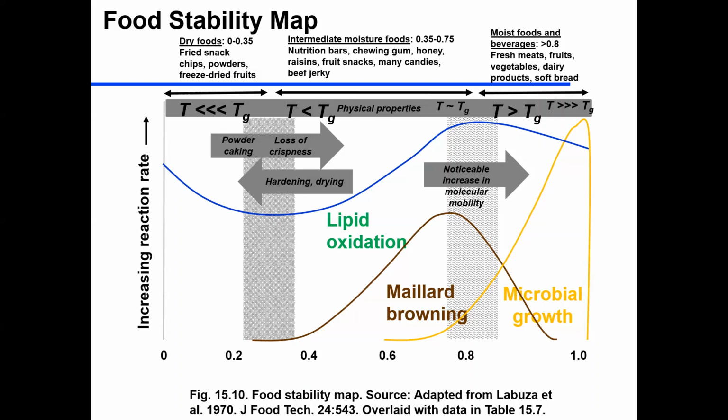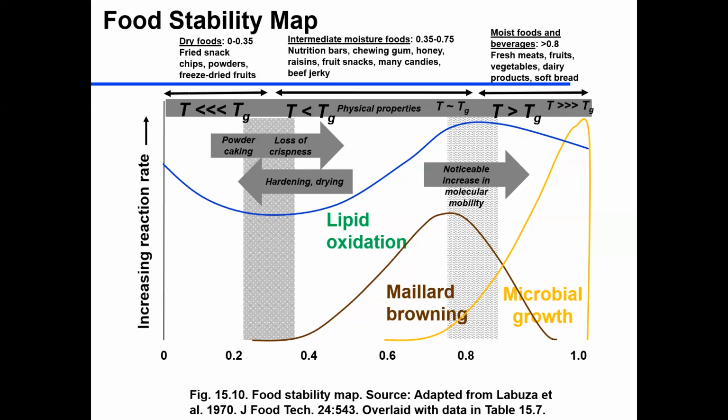We get over here, so many of our foods are actually higher water activity: fresh meats, fruits, vegetables, dairy, typically water activity greater than 0.75. So we're down in this range, we've got something that's kind of dry, crispy, very hard in comparison.